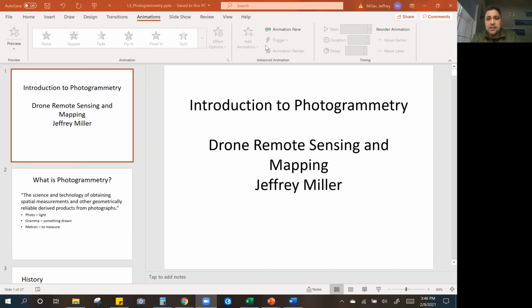But now we're going to get into what's called photogrammetry, which is the technique. It's like a sub-science of remote sensing, and this is going to explain the theory of when we get out into the field and we collect data and then we process it.